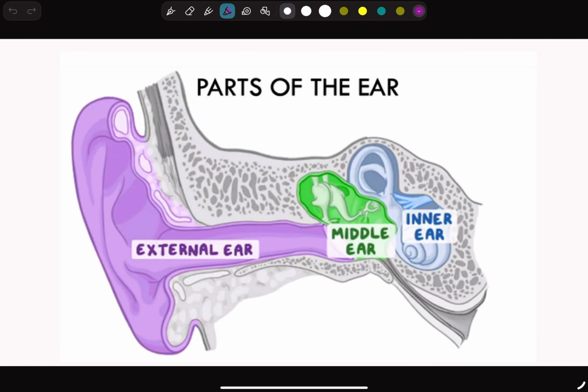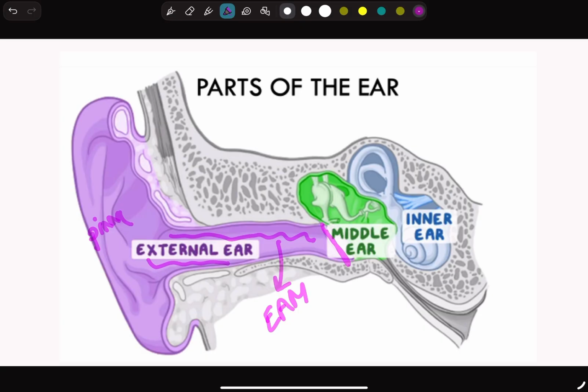So the ear is composed of three parts: the external part, the middle, and the inner part. As for the external ear, we have the pinna, and then we have the external auditory meatus, that will lead us to the middle ear.